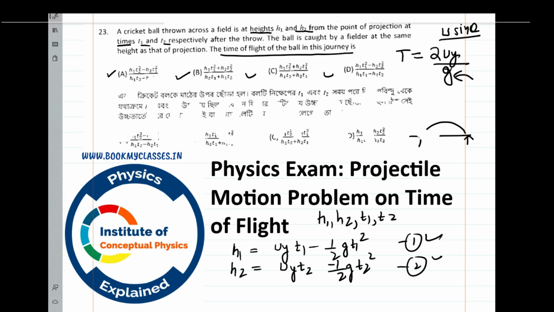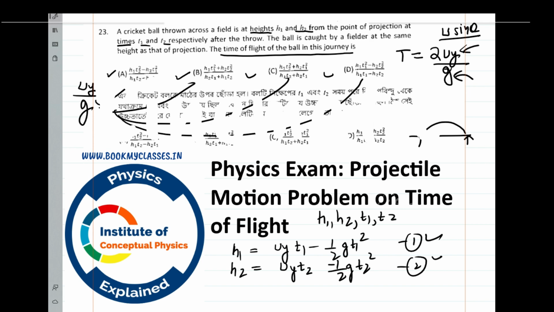But if you notice, even uy is not known to us. So the question basically is that you have to convert this expression uy by g into these expressions, one of these, obviously. How do you do that?